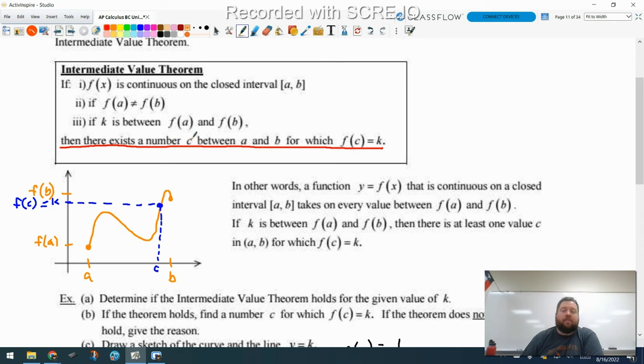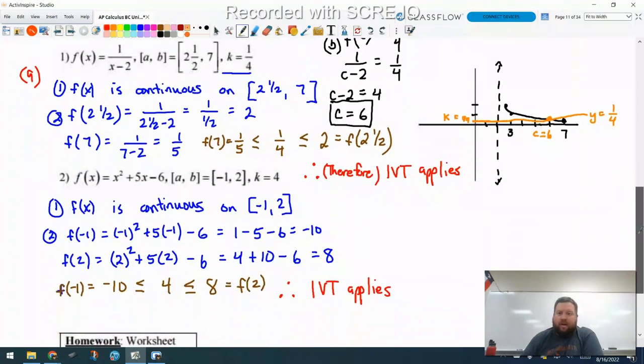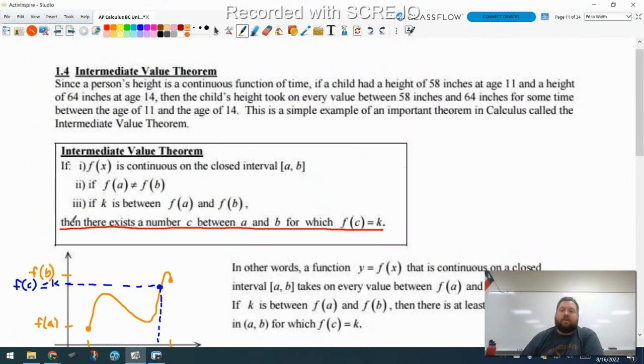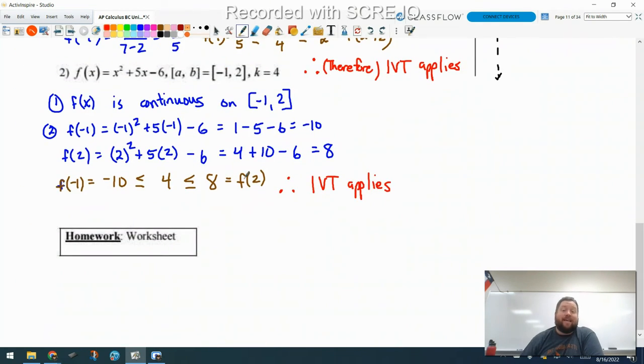Then there exists a number C between, for this problem, you would plug in the numbers, right? -1 and 2. So then there exists a number C between -1 and 2 for which f of C is equal to 4. And plug in the k value there. So you would have to write that entire sentence. Instead, though, we just write, therefore, IVT applies, and we're done, and we don't have to write that sentence.